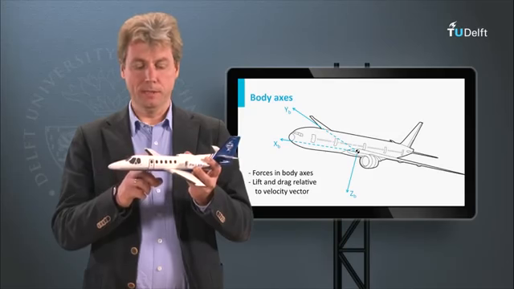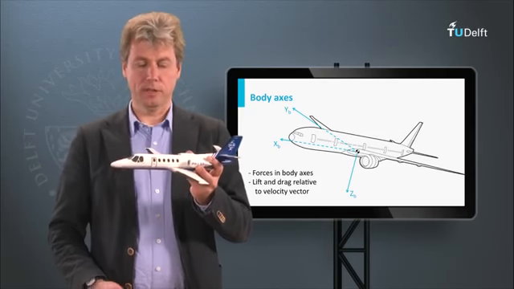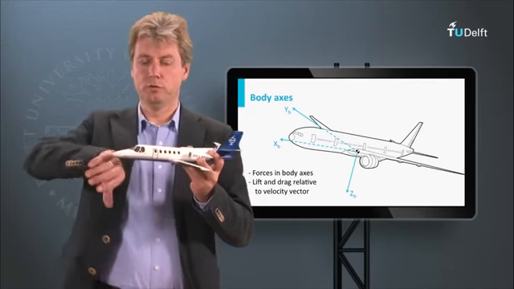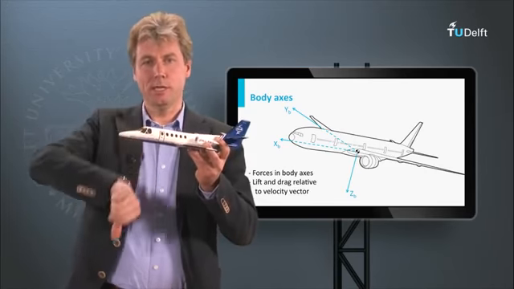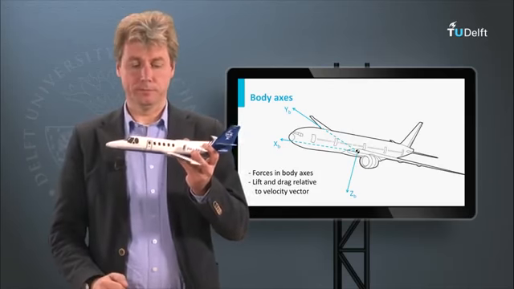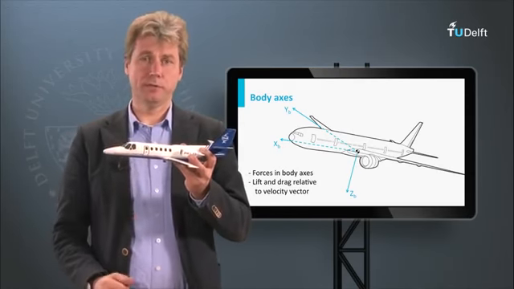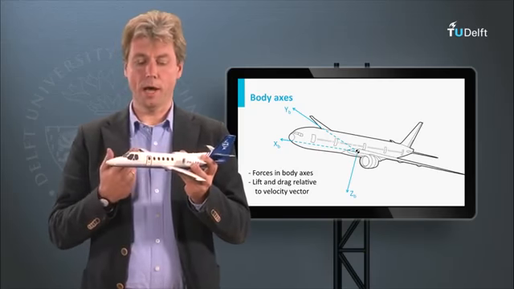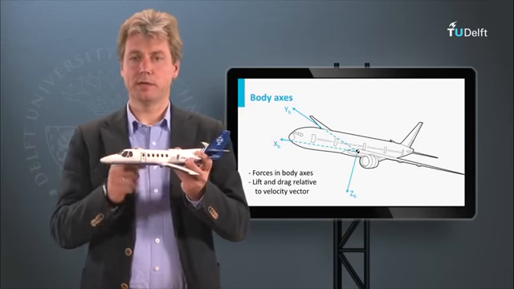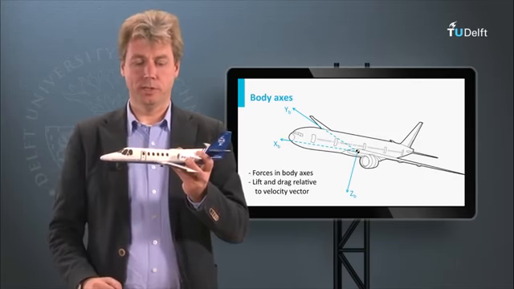But for now, this means, and that's not very convenient, that if we use the right-hand rule to turn from x to y, it makes our z-axis point downwards. But that's our reference system as we use it. So with the body axis, we have the x-axis to the front, the y-axis to the starboard side, and the z-axis pointing down.